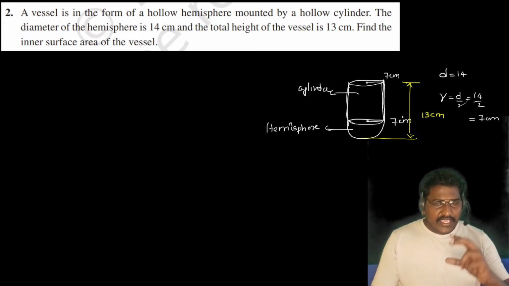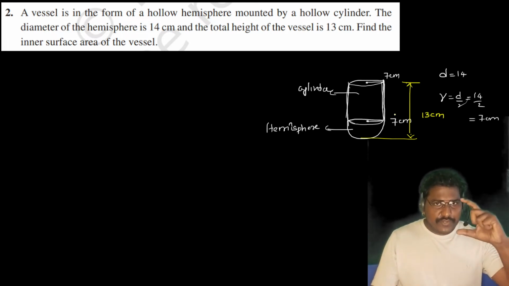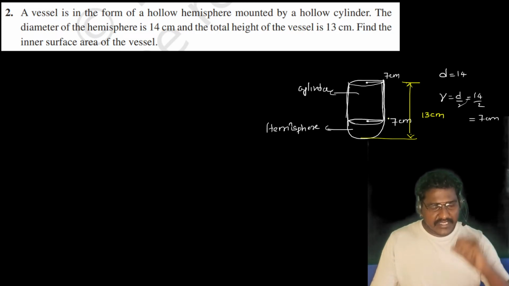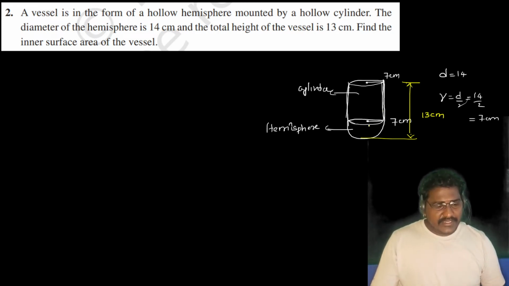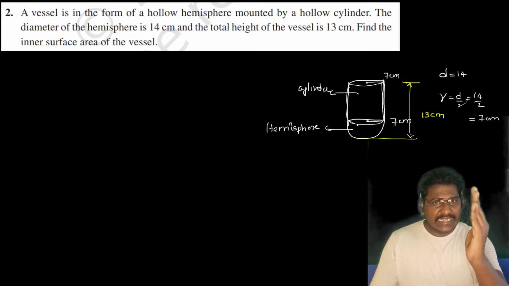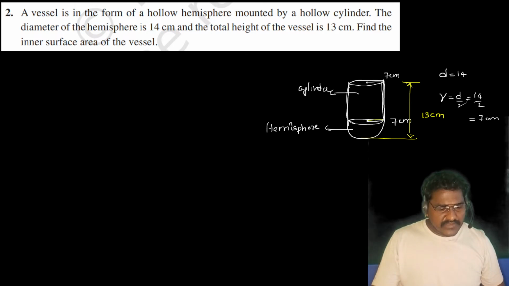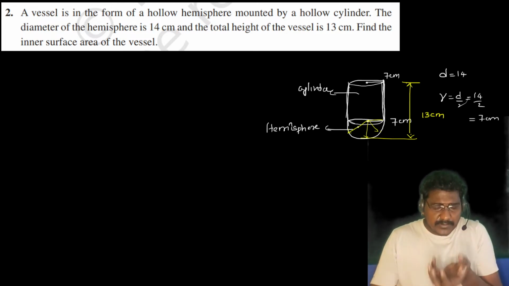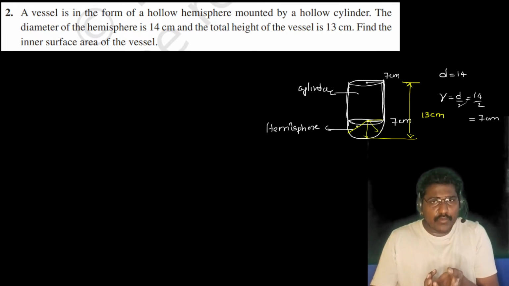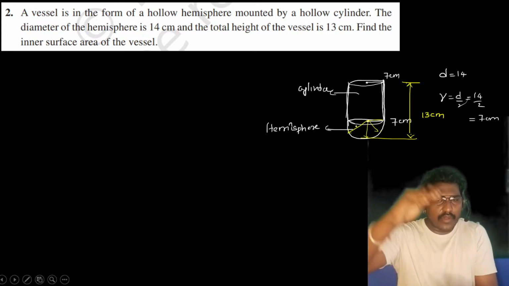Now, the hemisphere will have the same radius throughout its shape. This will be 7, this will also be 7, this will also be 7, because it's a sphere. A sphere has the same common radius from the center to any outer part.